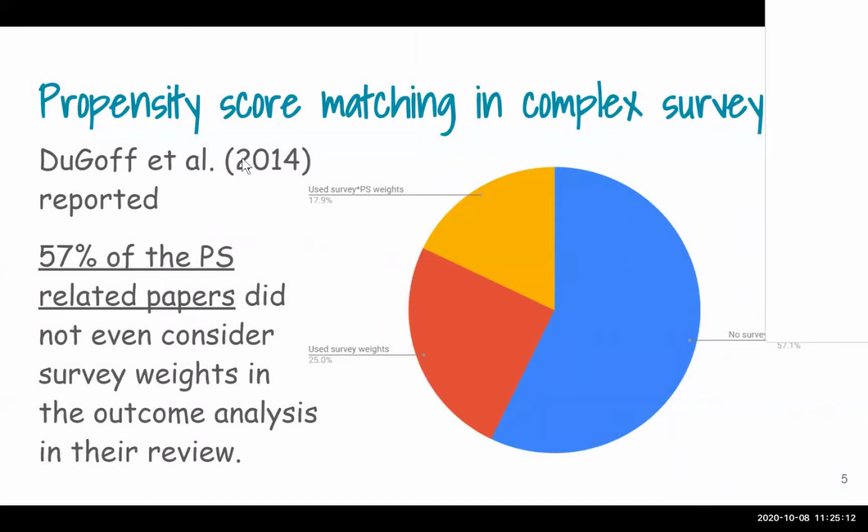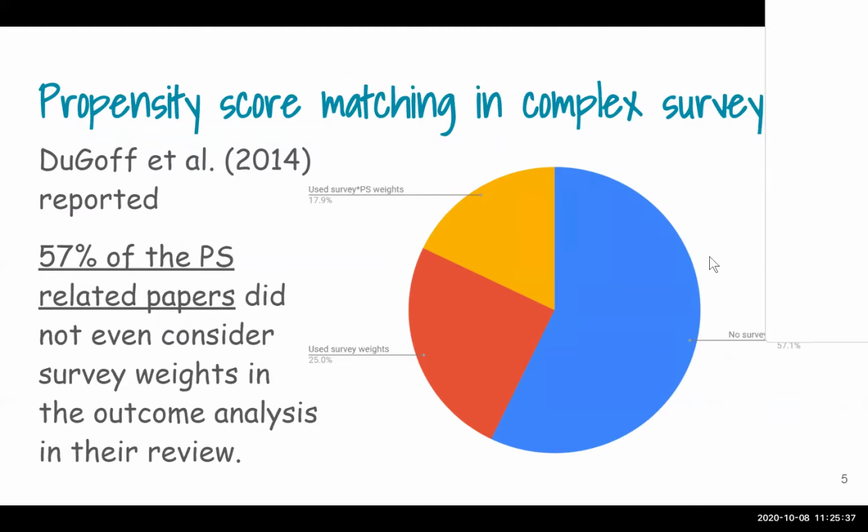There was a paper by Dugoff in 2014 who showed that from the literature, 57% of the propensity score related papers that used survey data analysis did not use any survey features in the analysis.